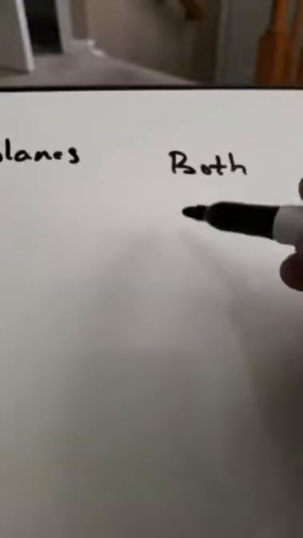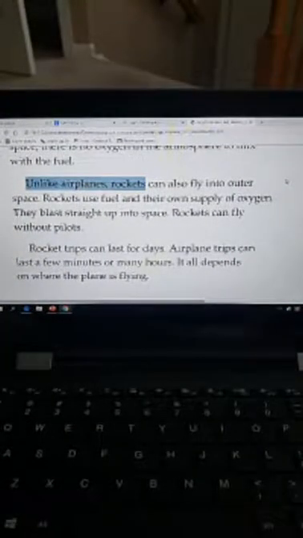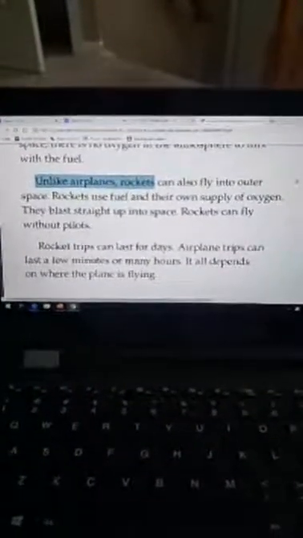And you can just write about airplanes, write about rockets, and write about both. Then you can take a picture and submit this to myself or Miss Hardy for grading.